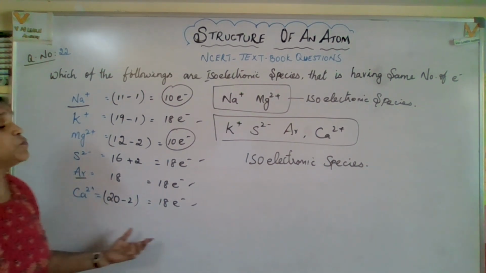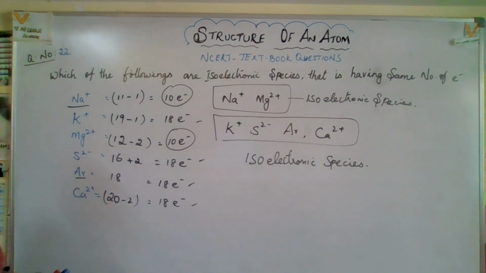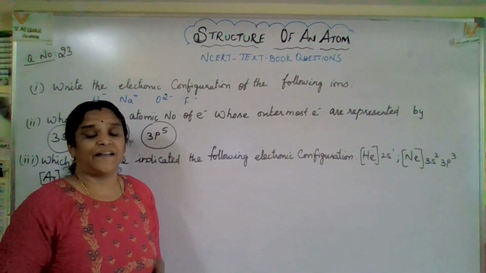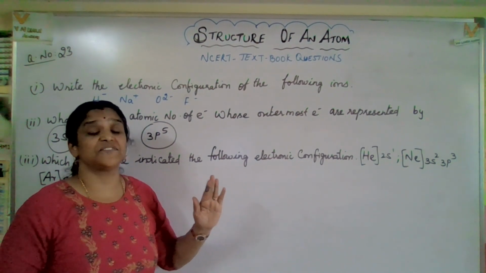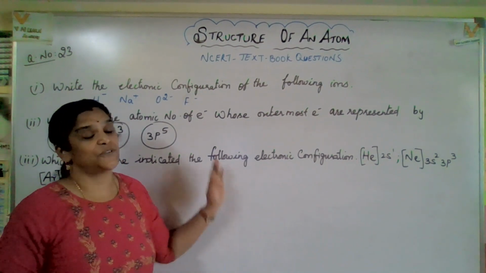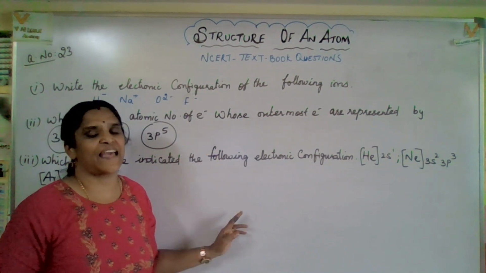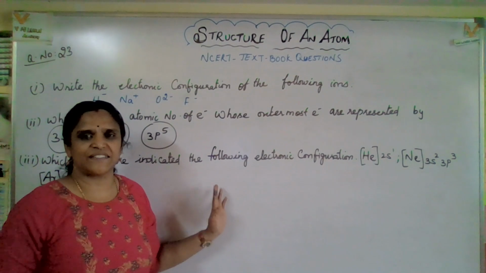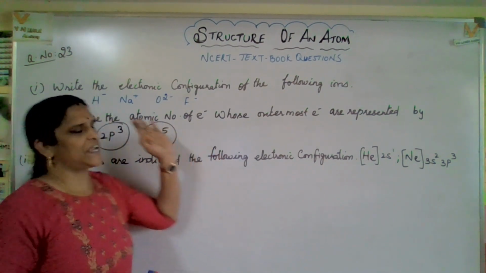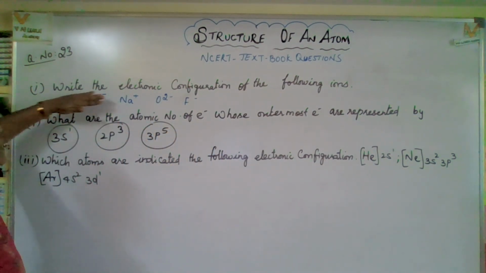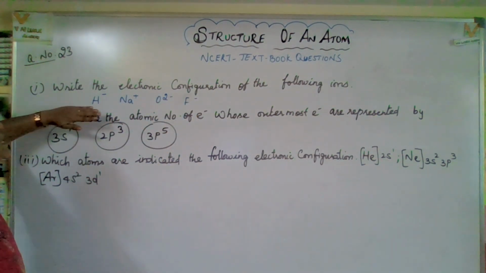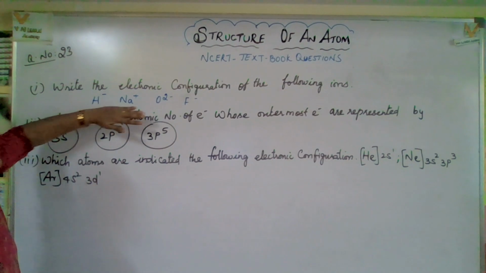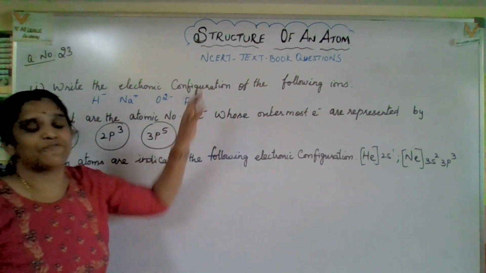Yes. Now let us watch another question. That is the 23rd. Now, let us find the electronic configuration. It's really interesting to know those questions and find the answers, if you go through thoroughly. Come on, let's go and watch. Write the electronic configuration of the following ions: H minus, Na plus, O2 minus, F minus.